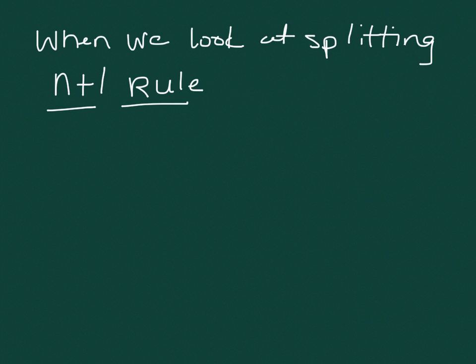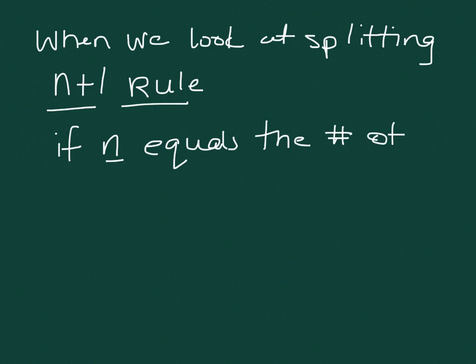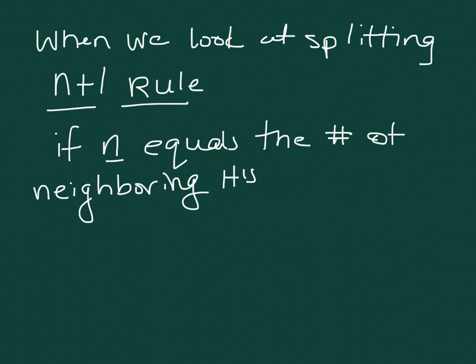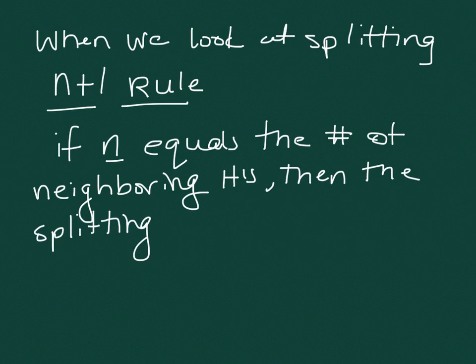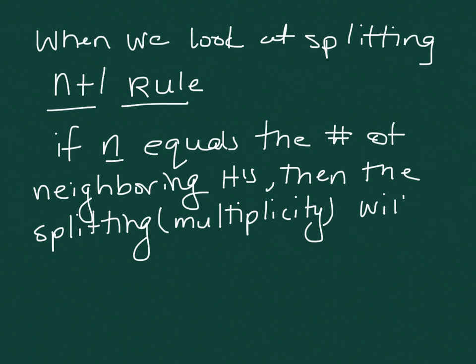And so what this means is that if n equals the number of neighboring hydrogens, then the splitting or the multiplicity will be n plus 1.